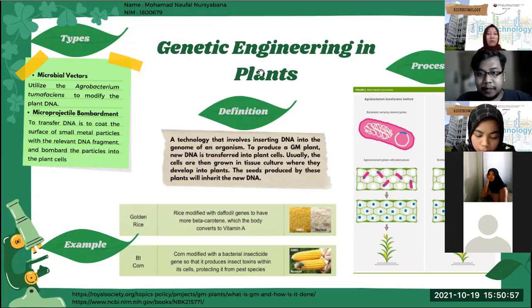For the process, as I mentioned before, in the natural way using Agrobacterium tumefaciens, we insert the desired DNA into the bacteria, and then introduce the recombinant DNA of the bacteria into the plant cell.